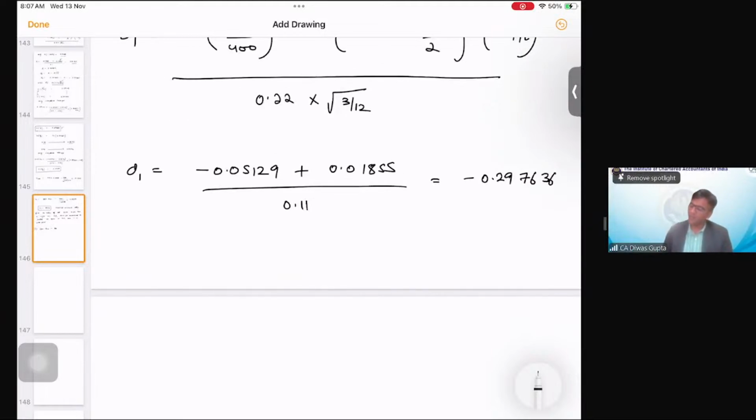Okay, so this is D1, and D2 will be calculated as minus 0.297636 minus 0.11, which is equal to minus 0.407636.